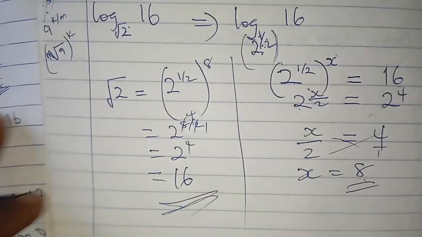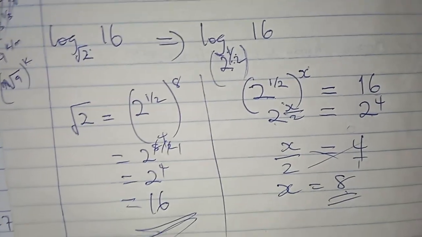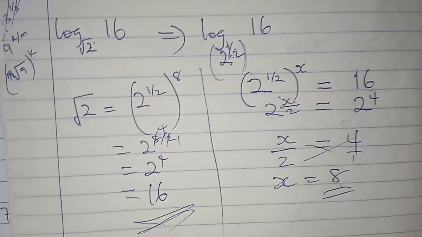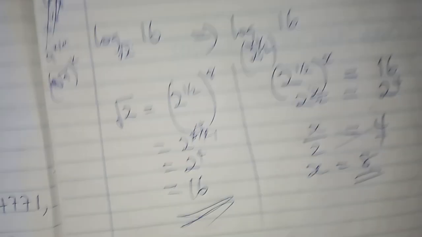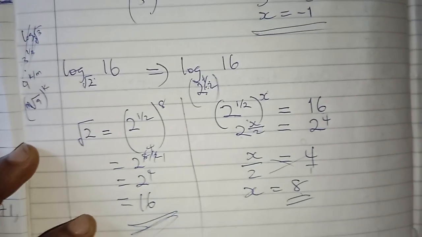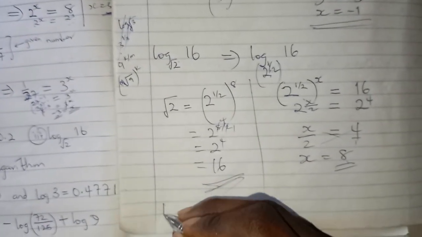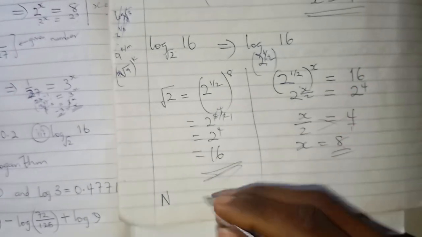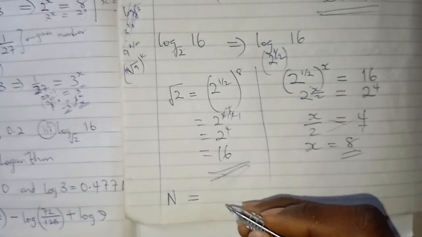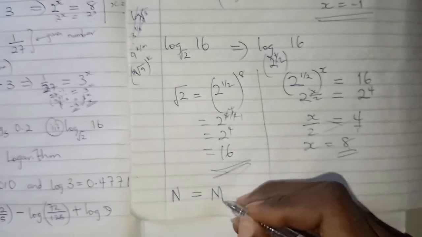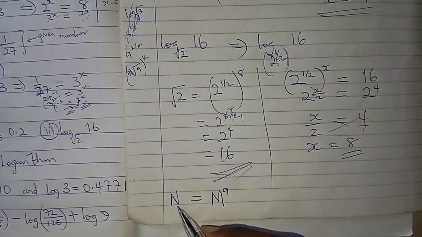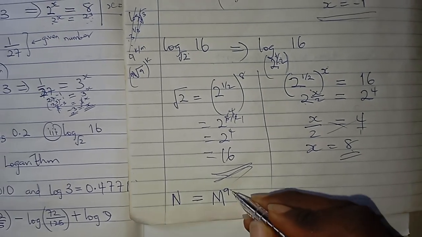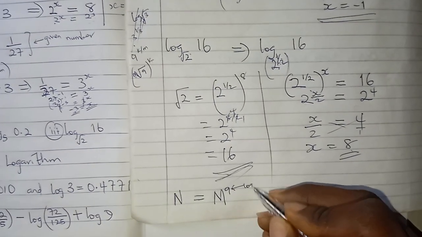So if you notice everything we've solved so far, it goes to show you that whenever you have a number n equals to, let's say, m to the power a, what he's saying is that this will become the logarithm.